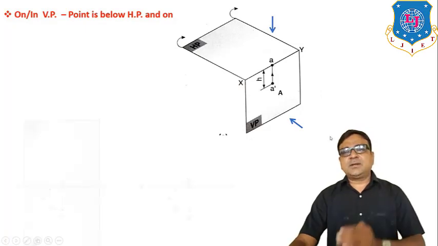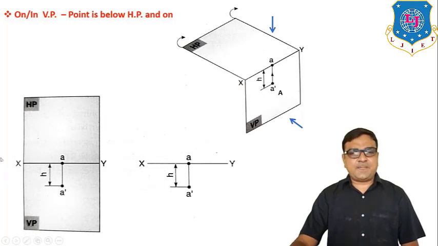So by revolving 90 degrees, the point on the XY line is small a, and our front view A dash, which is on the vertical plane, will come below the XY line, because we do not move the vertical plane, we have to move only the horizontal plane.